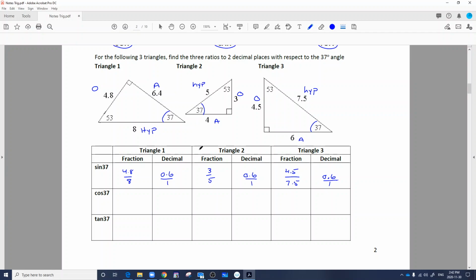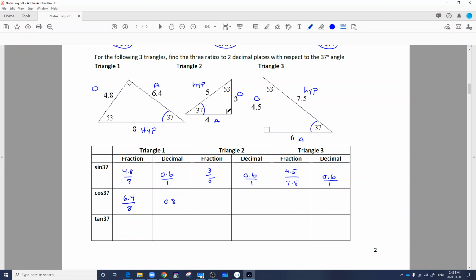Well, what if I look at cos 37? Cos 37 is adjacent to hypotenuse, so we're just sticking with the 37. What I want you to notice is that for cos 37, it's the ratio of adjacent to hypotenuse. So it's 6.4 to 8. As a decimal, 6.4 divided by 8 is 0.8.